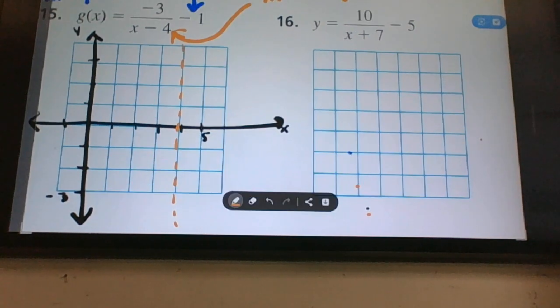And here's the other dash. So step 1 is to draw the dashes, not to make a table, not to give points, to get those dashes in. The positive 4 and the negative 1. Now I will make a table.